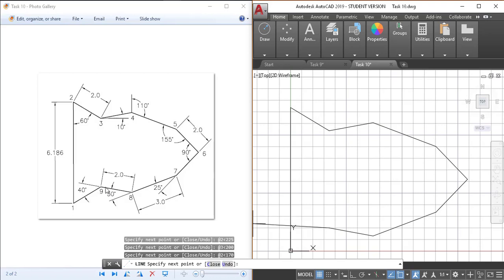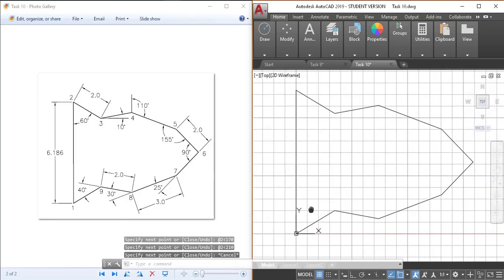This angle should be 210. So @2<210. Since the drawing is completed and we did not use the close command, it means all the coordinates which we gave were correct. That's why we were able to complete this drawing.